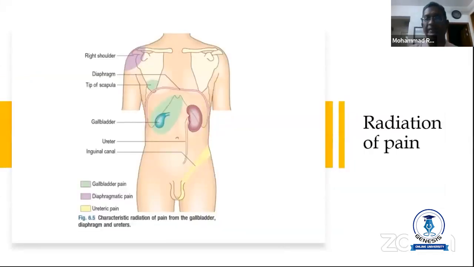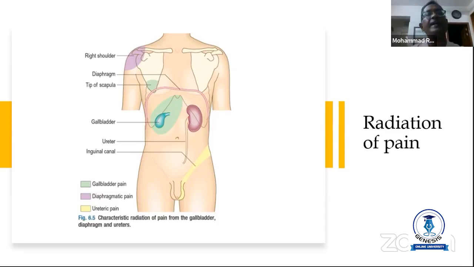So there is radiating pain. You can see it in the right shoulder. You can see pain radiating from the diaphragm to the shoulder. It can also radiate in the patient with a gallbladder problem. This is called the phrenic nerve. The distribution of the phrenic nerve in the diaphragm as well as in the tip of the shoulder will produce gallbladder pain or diaphragm pain to the right shoulder.